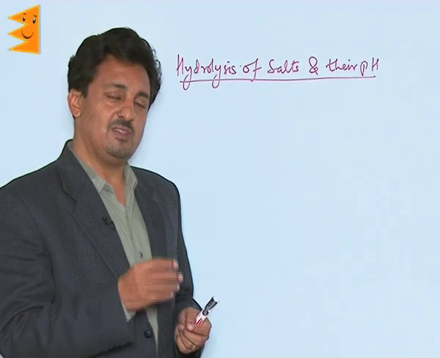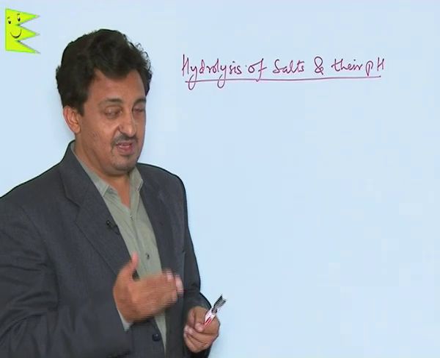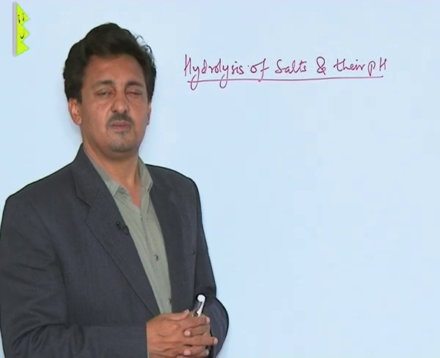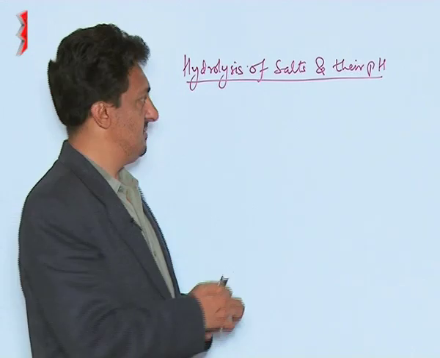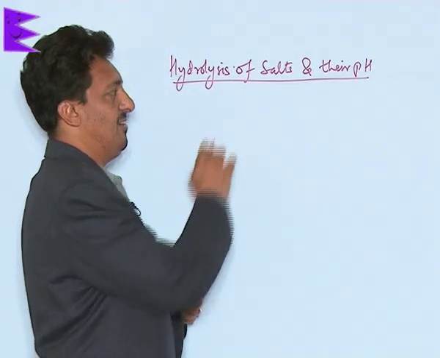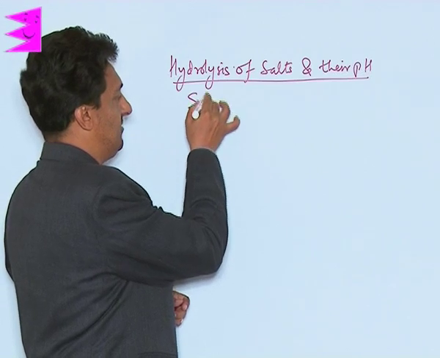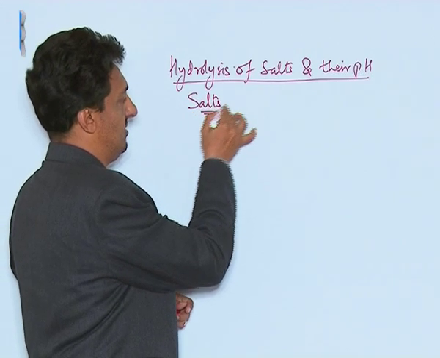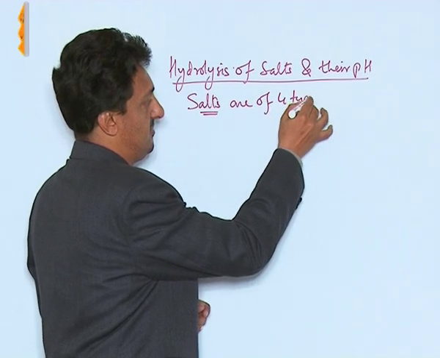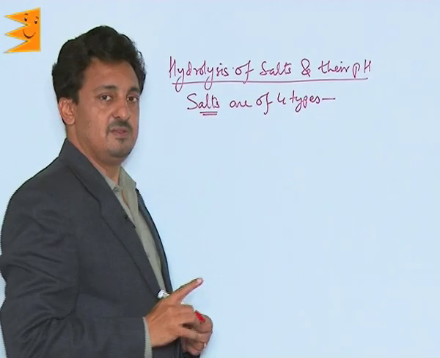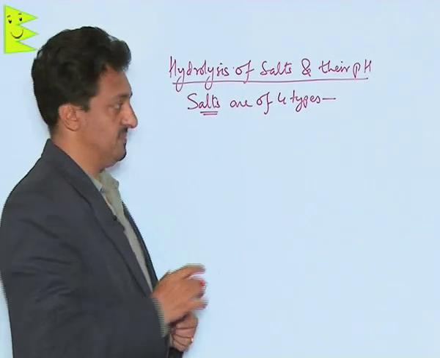So salts are formed by the combination of acids and bases, and on the basis of the acid and base used, salts are of 4 types, depending upon the acid and the base used to form them.